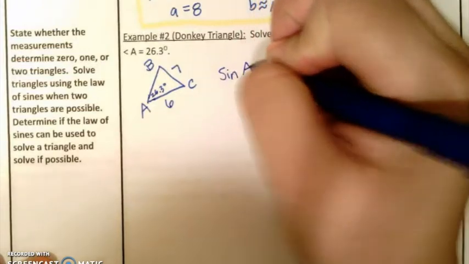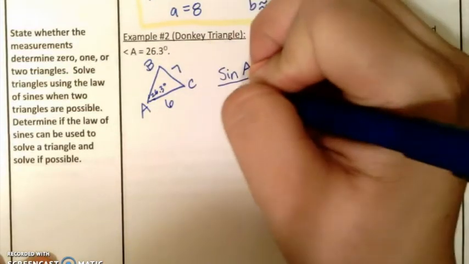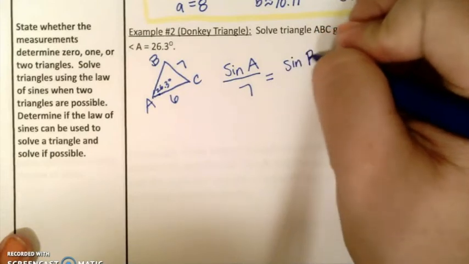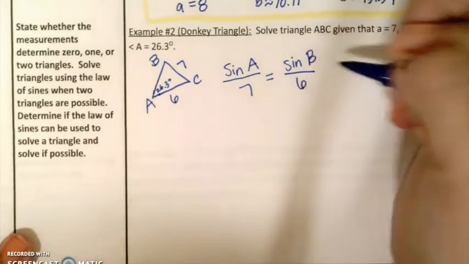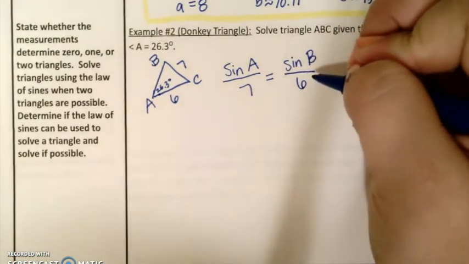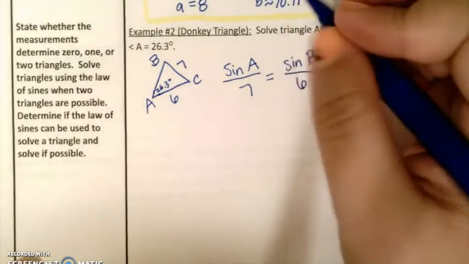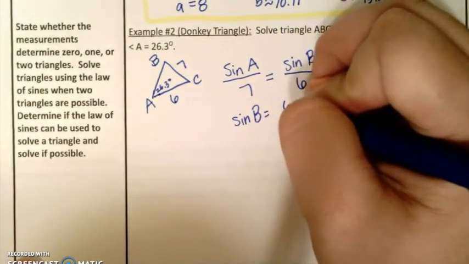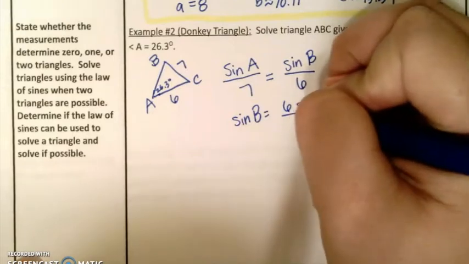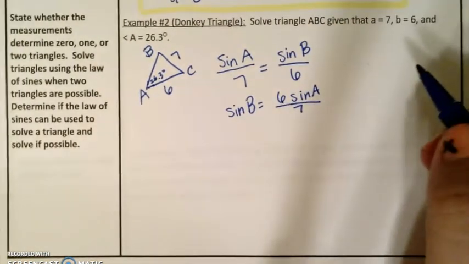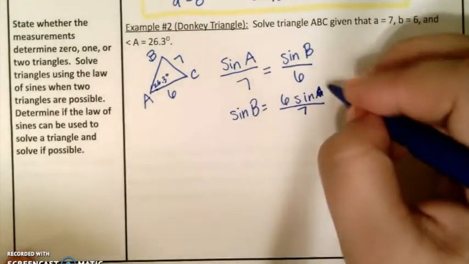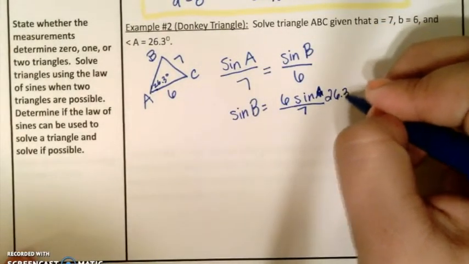Sine of A divided by 7 equals sine of B divided by 6. Solving for B now, multiply both sides by 6. So we have sine of B equals 6 times sine of A divided by 7. We do know the value of A, so we can actually substitute in 26.3 degrees.